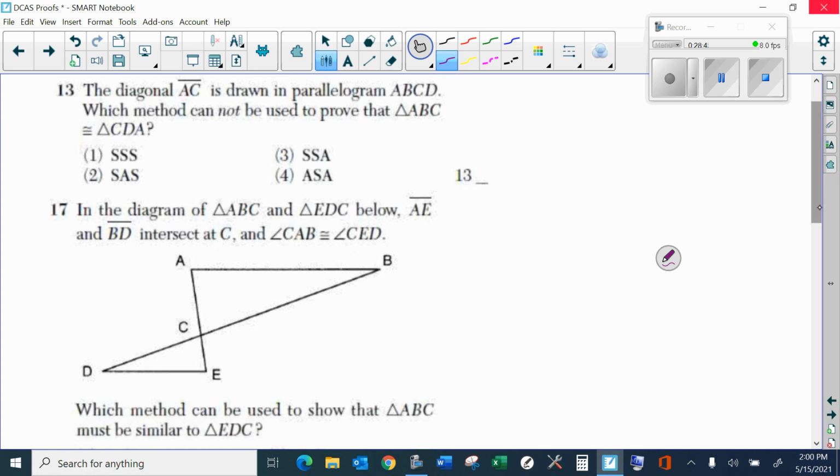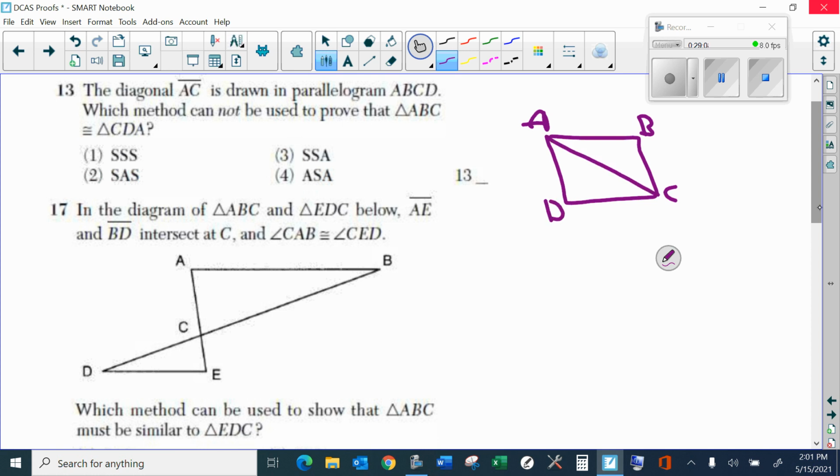The diagonal AC is shown in the parallelogram ABCD. Oh, this is 17. I'm looking at it down here. This drawing. The diagonal AC is drawn in parallelogram ABCD.